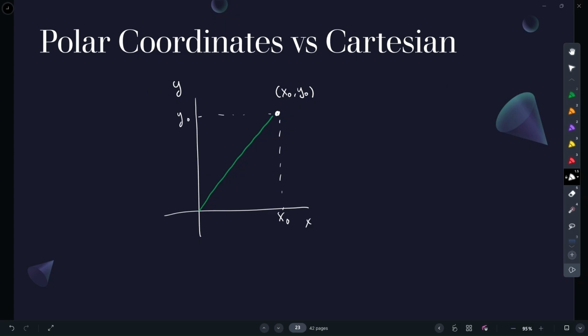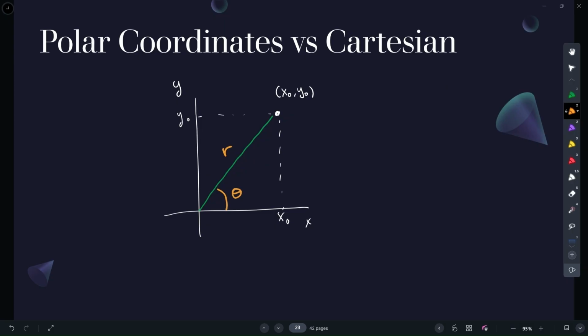But instead of that, what I can do is describe it in a different way. I can measure the distance r to the point, and I can measure the angle with respect to the x-axis. Now, with those two measurements, I can describe what the point actually is.